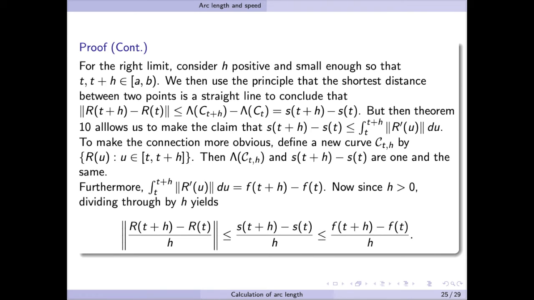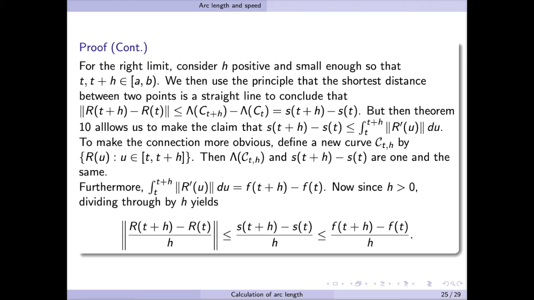Now theorem 10 allows us to make the claim that s of t plus h minus s of t is bounded above by the quantity the integral from t to t plus h of the norm of R prime of u. To make this connection more obvious, we define a new curve c sub t comma h by the set of points R of u as u lies in the interval t comma t plus h, including both endpoints.